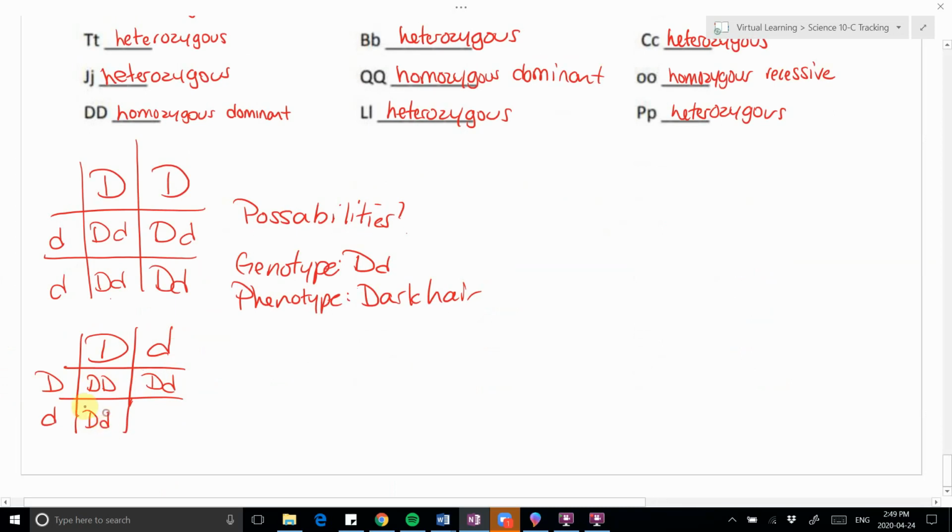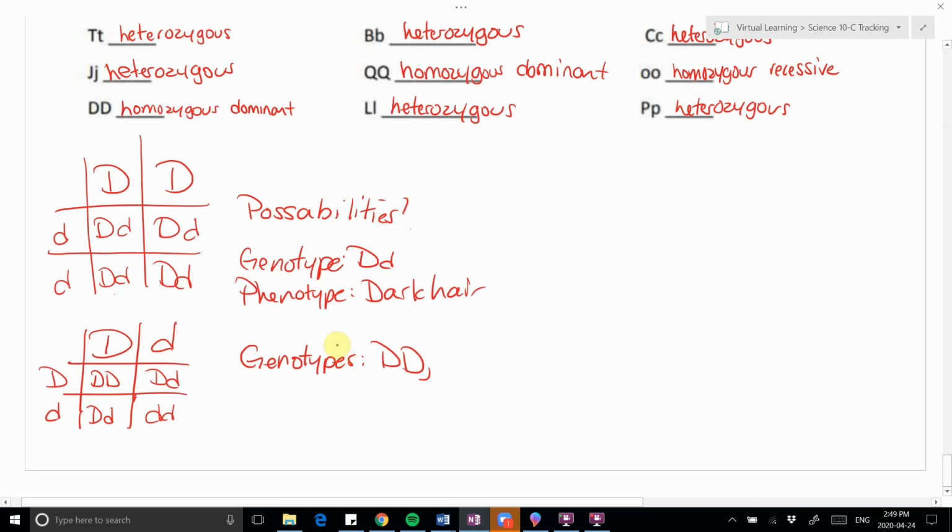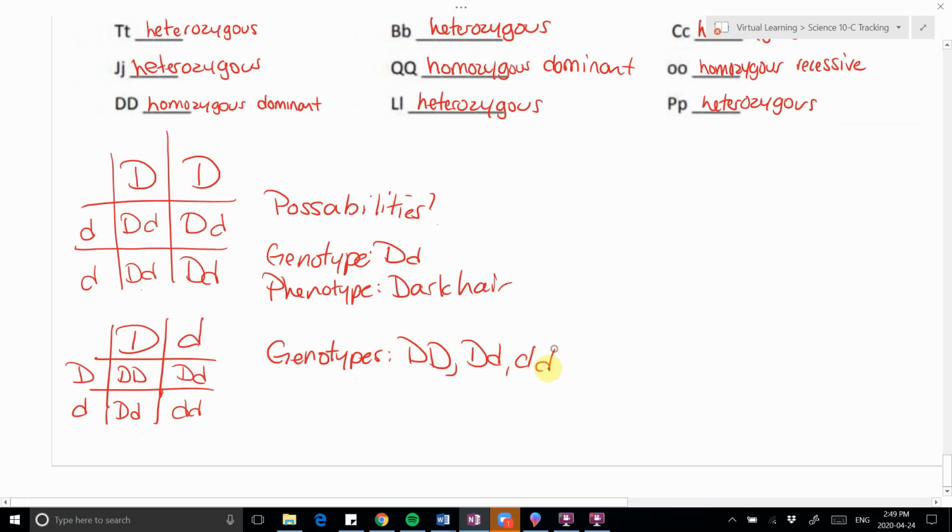And if you ever have a capital letter, it's going to come first. What are my possibilities here for genotype? Well, I could have a capital D, a capital D. I could have capital D and a lowercase d. Or I could have two lowercase d's. And for today, it doesn't matter how often those possibilities show up. We're just looking at what the possibilities are.